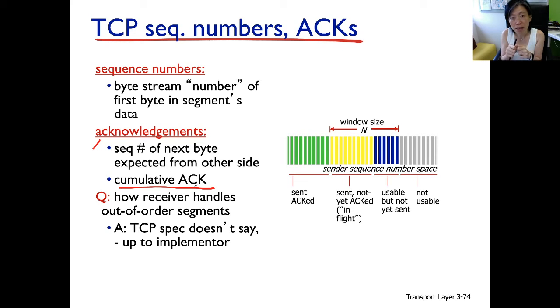TCP's acknowledgement number is actually counting one byte further. So it's the next byte the receiver is expecting. Therefore, it will also be the what? The sequence number of the next data packet coming from the sender.